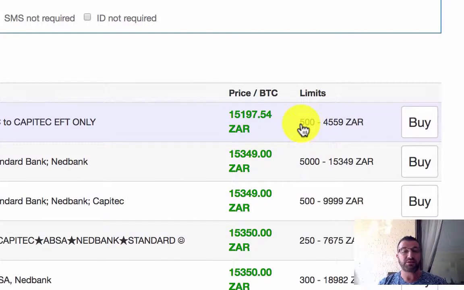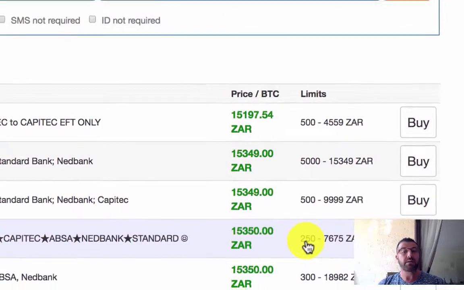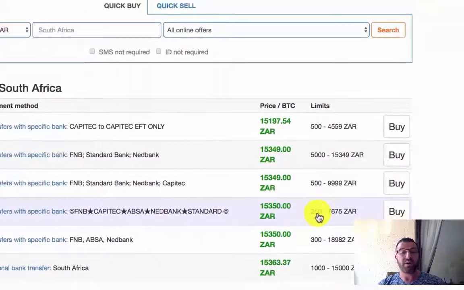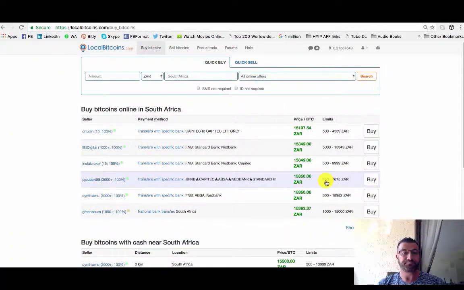And he's not prepared to do any transactions less than 500 Rand. So if you wanted Bitcoin to the value of 300 Rand, you couldn't use that supplier. You'd have to use this supplier, because he's prepared to accept deposits of 250 Rand as the minimum.